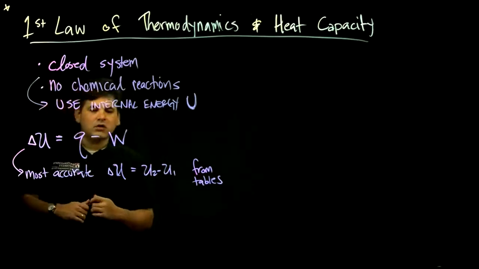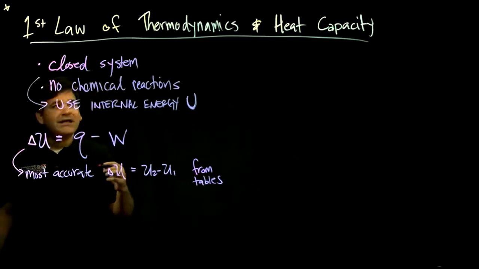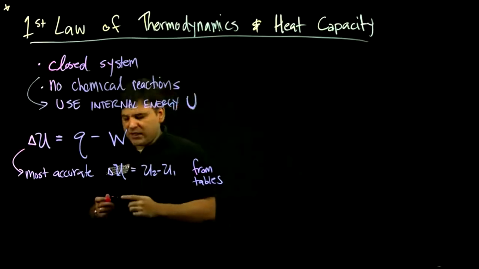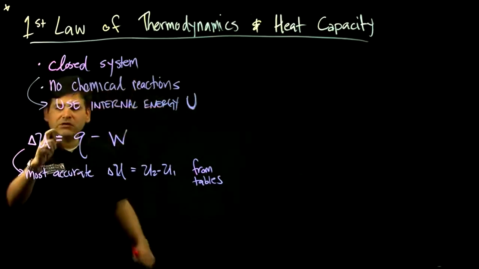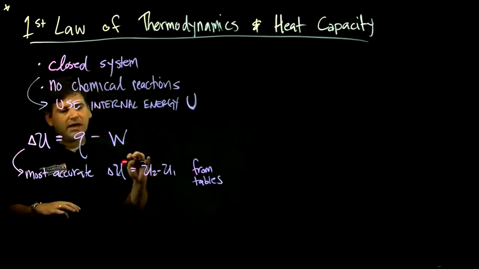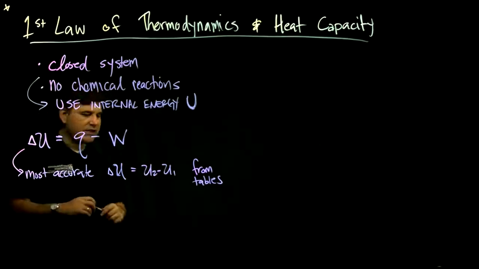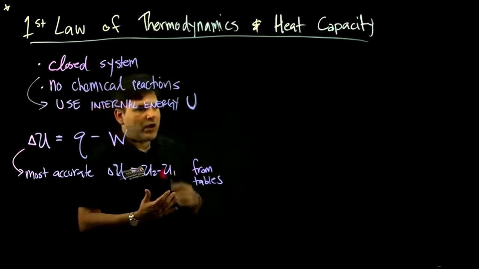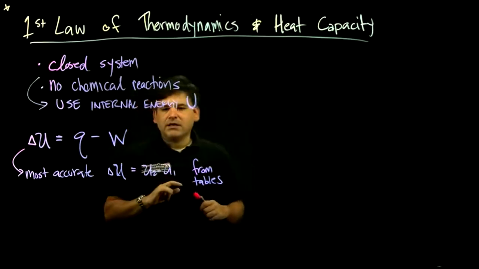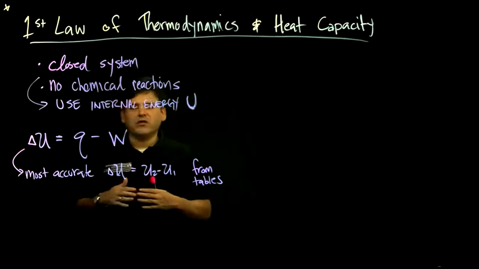But you can also use the concept of heat capacity. There are two different types of heat capacity, one for internal energy and one for enthalpy. Heat capacity is useful because it gives you a parameter that depends on the material, and it gives you an equation rather than a table.